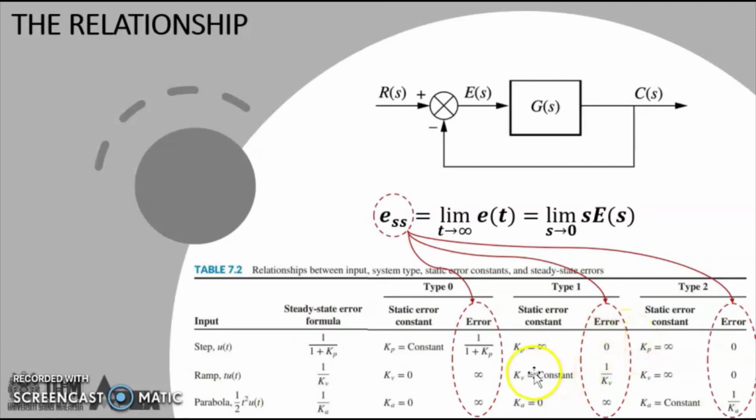And then kv has a constant value. Once you substitute, it's just 1 over kv. There's a value there, and then ka, a constant, will give you 0. So once you substitute it, you will get infinity. And the same goes for type 2. You can look into that one.